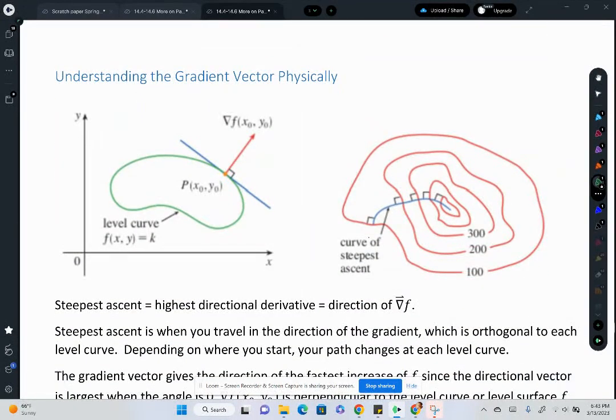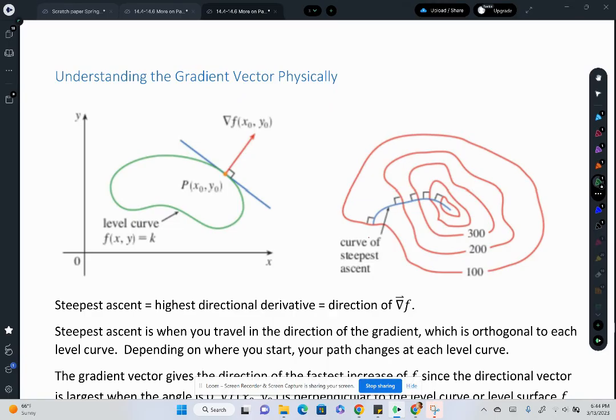So in this first picture, I have a drawing of a level curve. And remember, a level curve is when we have a three-dimensional surface and we let z equal some constant. And then we draw the two-dimensional curve on the xy plane and see what it looks like. The gradient vector will be perpendicular to the level curve, okay?